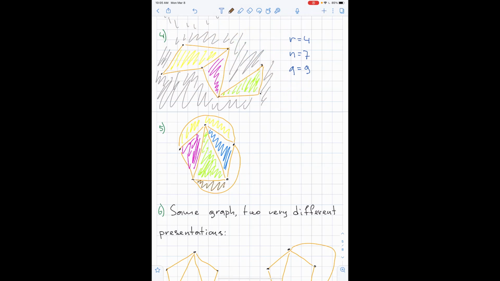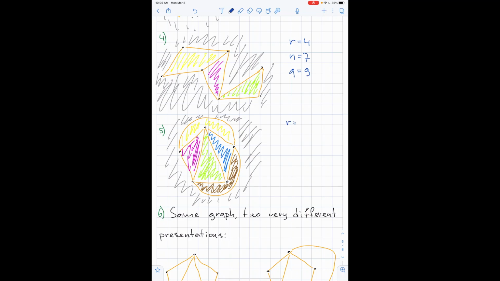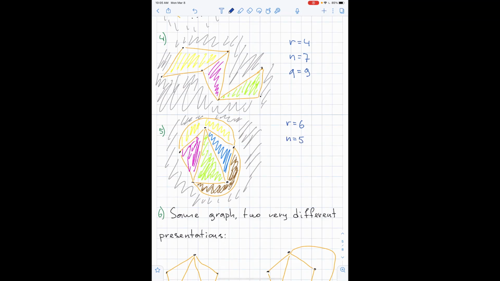We have this region as well, and finally we have the exterior region. So let's count. Number of regions is equal to 1, 2, 3, 4, 5, 6. Number of vertices is 5, and number of edges, Q, is 1, 2, 3, 4, 5, 6, 7, 8, 9. 9 edges.